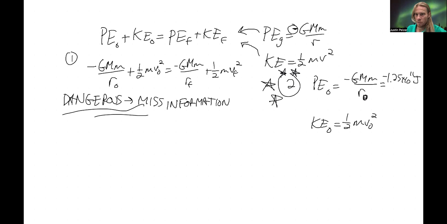So this is 5.97 times 10 to the 24. This is 2,000. This is G, 6.67 times 10 to the negative 11. This is R naught, 6.378 million. Great. Plug that all in. Don't square it. This is not force.